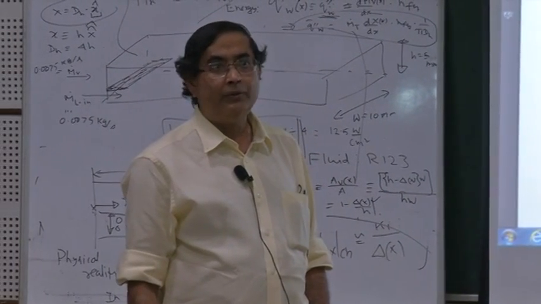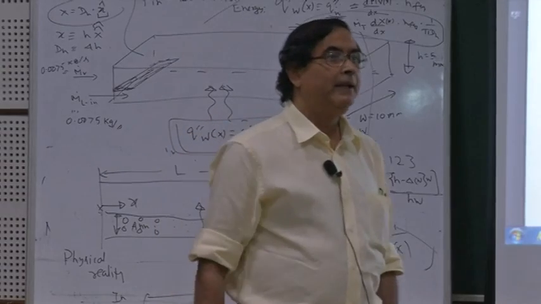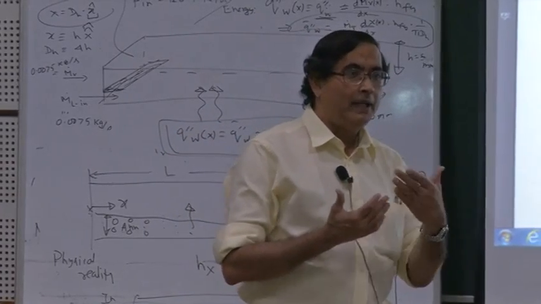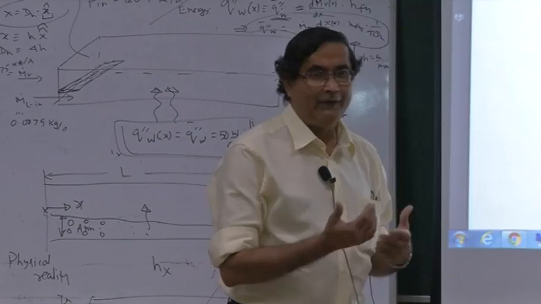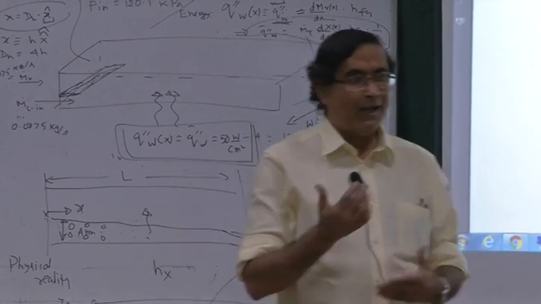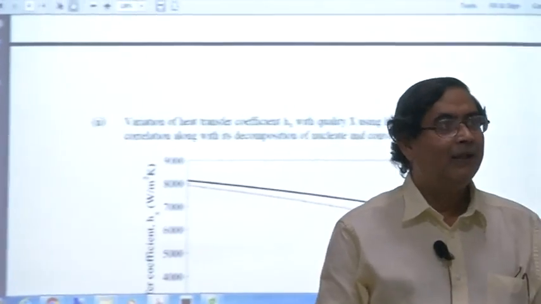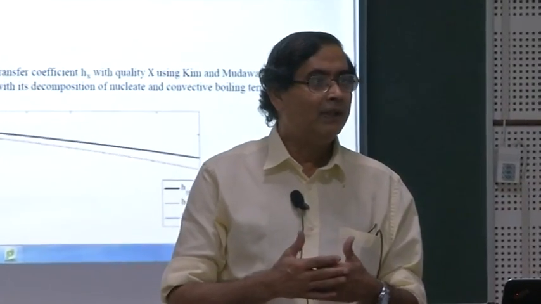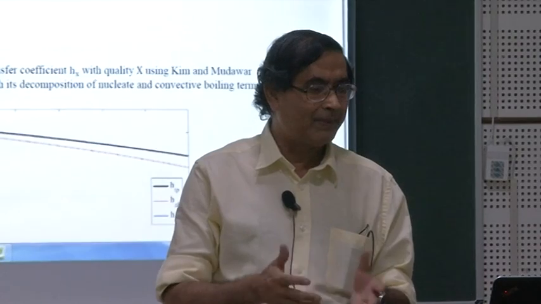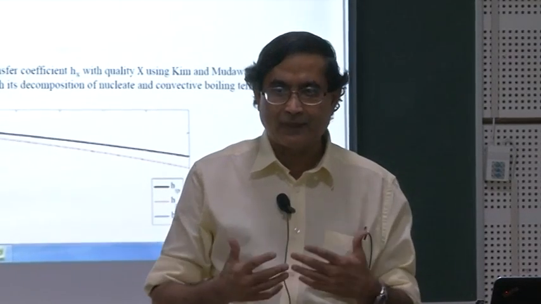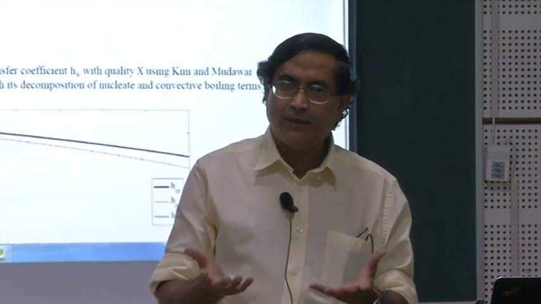And I will show you on the third day that the amount of nucleate boiling and convective boiling components highly depend on the mass fluxes. At lower mass fluxes and thin films, convective boiling is okay and suppressed nucleation comes. But at higher mass fluxes, nucleate boiling will continue.